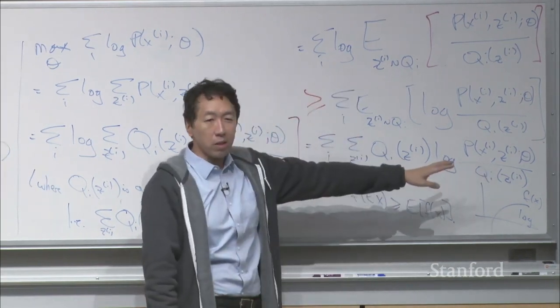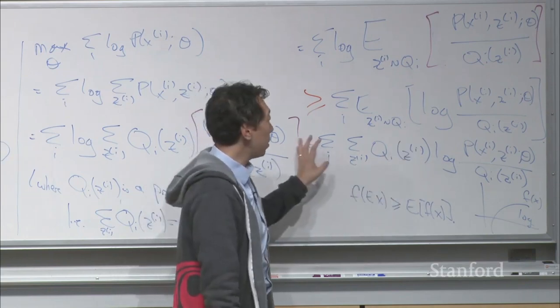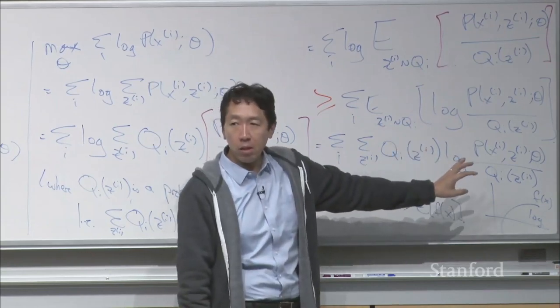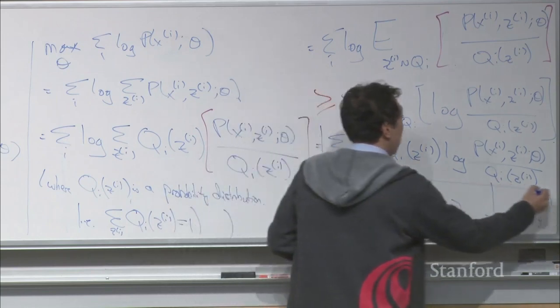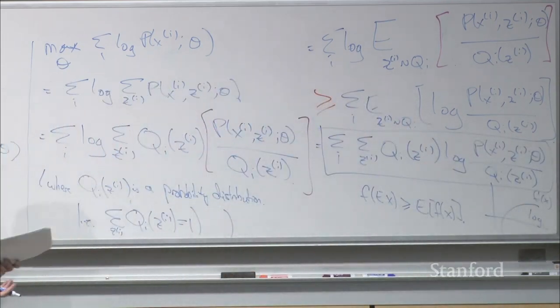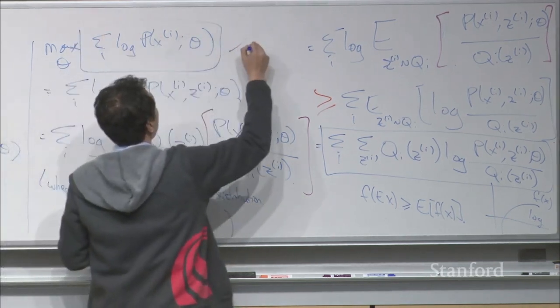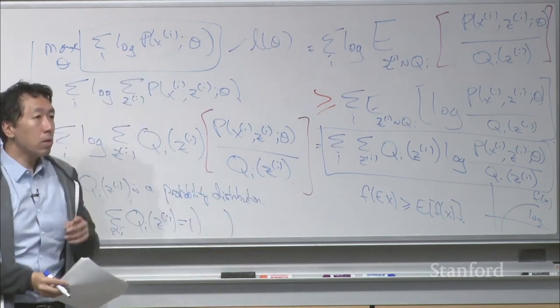So this whole thing is a function of theta, because the x's are fixed and z is just something you sum over. What we've shown is that this formula is a lower bound for the log likelihood, L of theta. Right? So, go ahead.